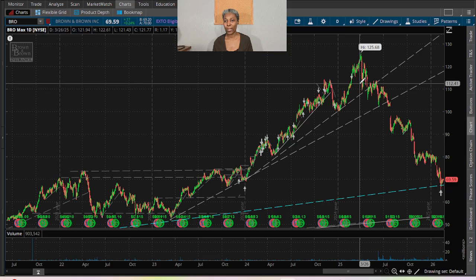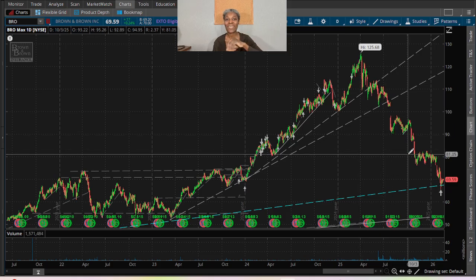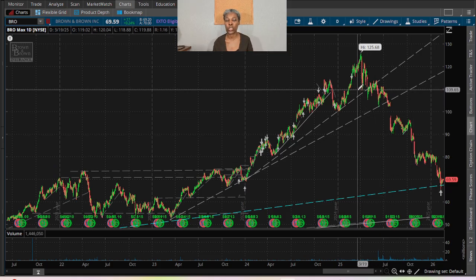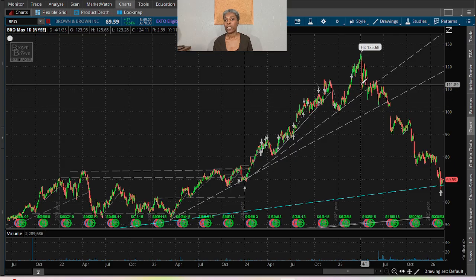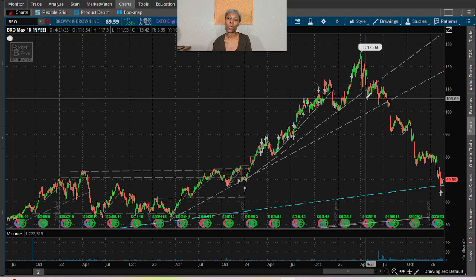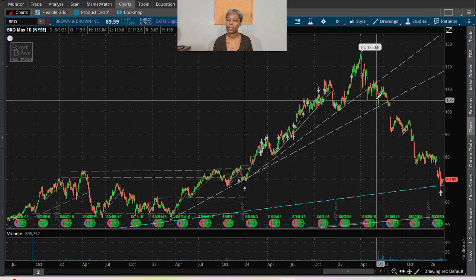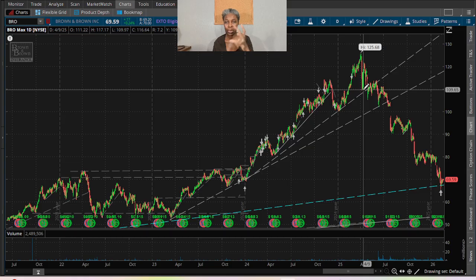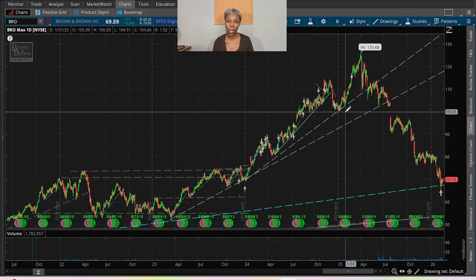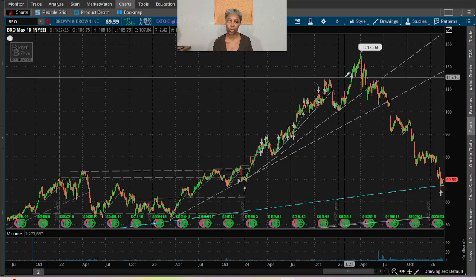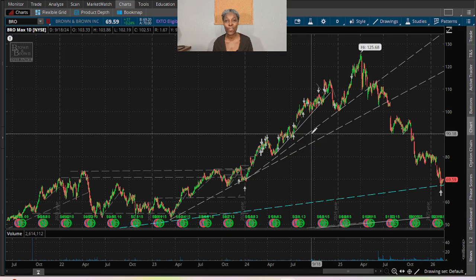When you are tracing toward a price that is lower from where you originated, then you will be having lower lows. And I don't really trace downward support lines. I trace upward support lines passing by the higher lows.